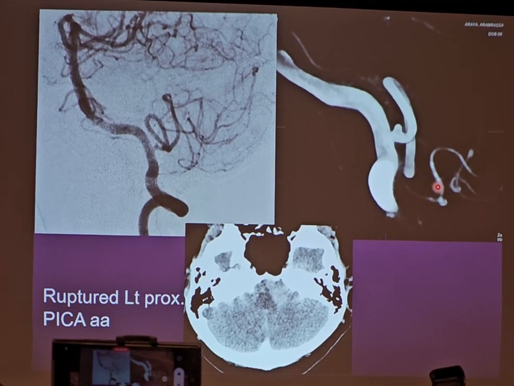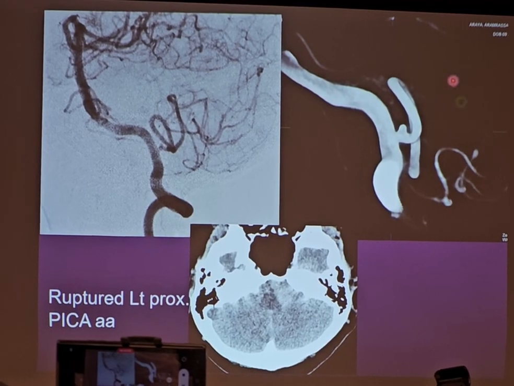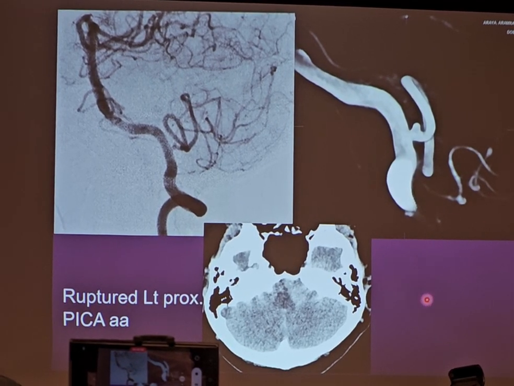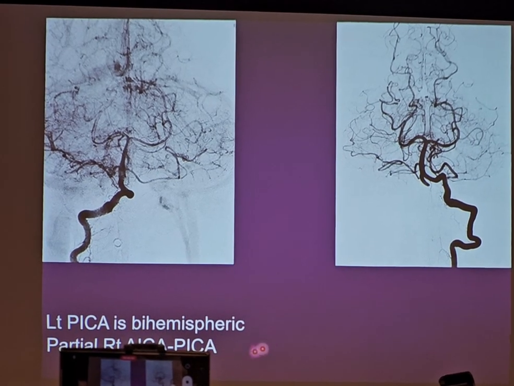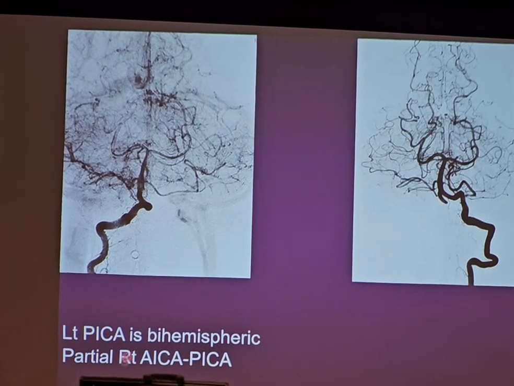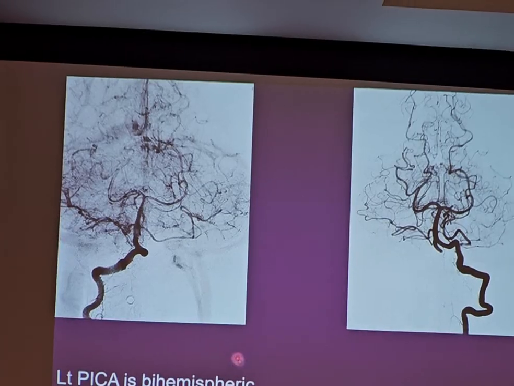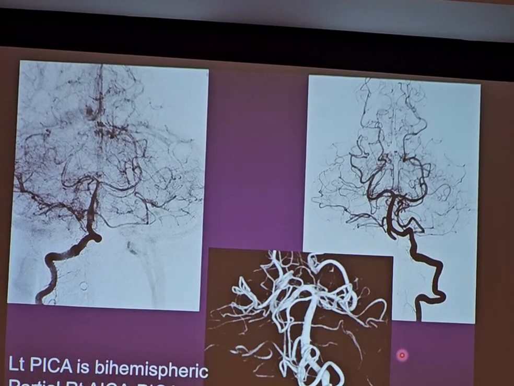Some importance of the variation around this area: we have this tiny little ruptured aneurysm of the proximal PICA origin. You need to really check what this PICA function is. So this is the left PICA, probably taking charge of most of the supply, while the right PICA is a kind of variation.